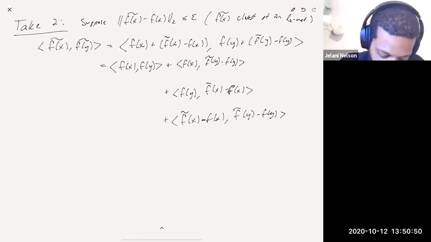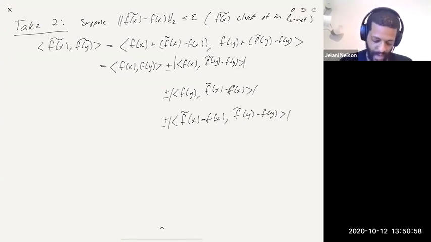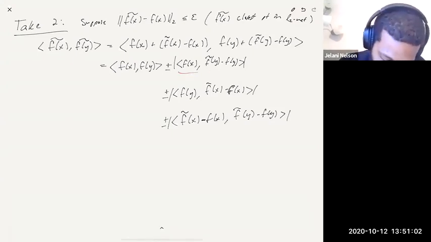So the amount of error I add is plus or minus the absolute value of each of these quantities. And now I can do Cauchy-Schwarz again. This right here is at most the norm of f(x) times the Euclidean norm of f tilde(y) minus f(y).